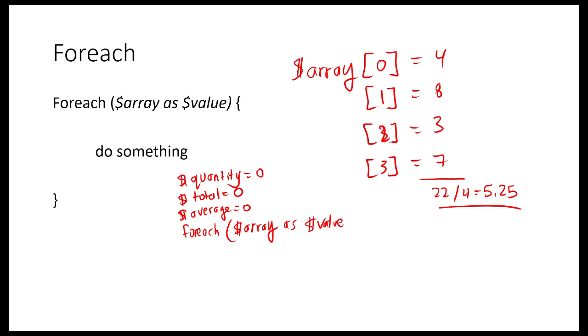Now get this. This code is going to cycle through every value in the array. So first cycle, so now we can use this variable. So these variables we've declared outside of our loop, so they're basically permanent.